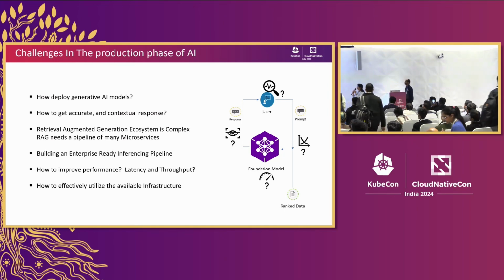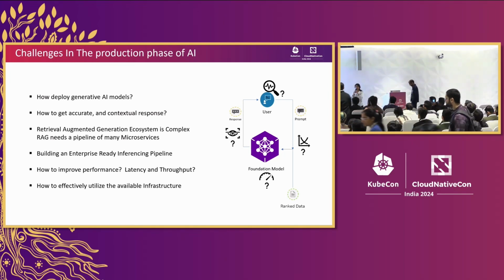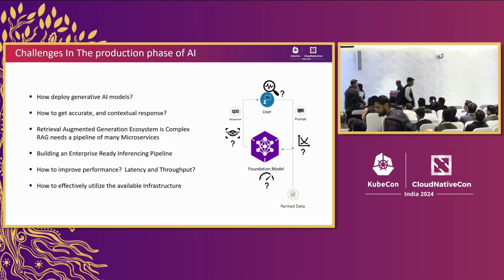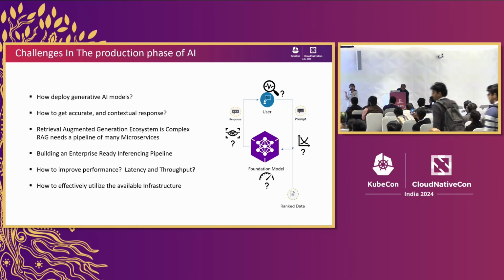So coming to the production phase, what exactly are the challenges? How do we actually deploy these generative AI models? What does it involve? Let me go in a clockwise manner over here. Just like any other microservice that has to get into production, the first thing is safety of user data.